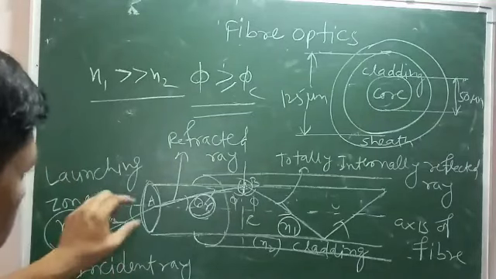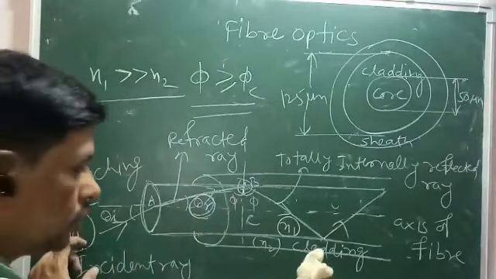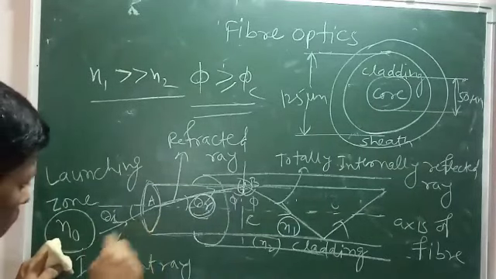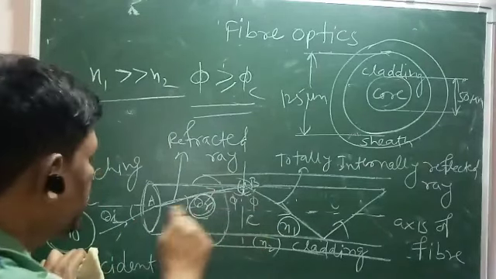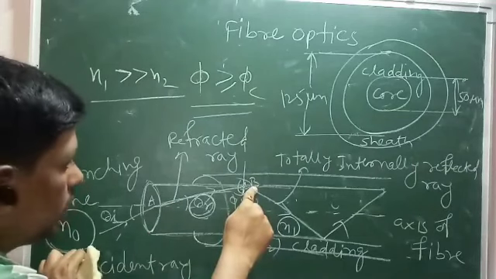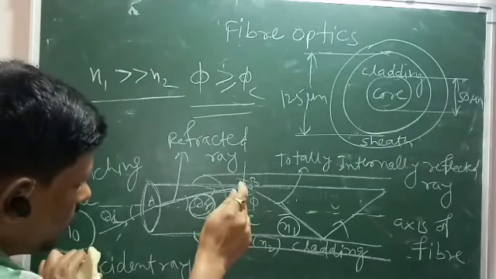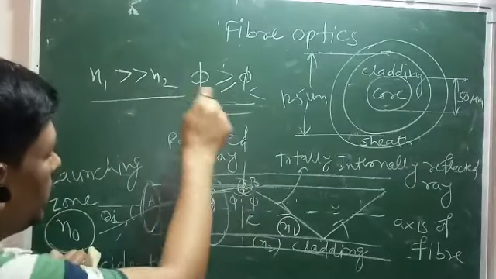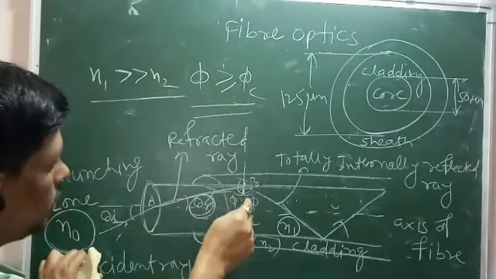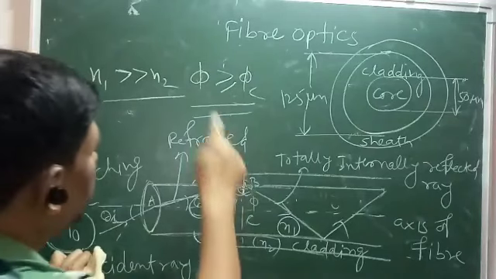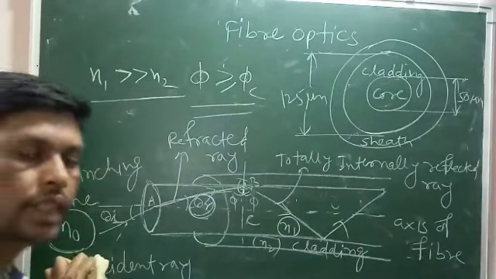So the incident ray from the launching zone to the core is here, but the incident ray for the core to cladding is A to B, and at that point B, suppose phi is the incident angle at the core-cladding point, this becomes greater than phi c. Phi c is the critical angle at the point B. Then light is totally internally reflected and propagates along the axis of the fiber.